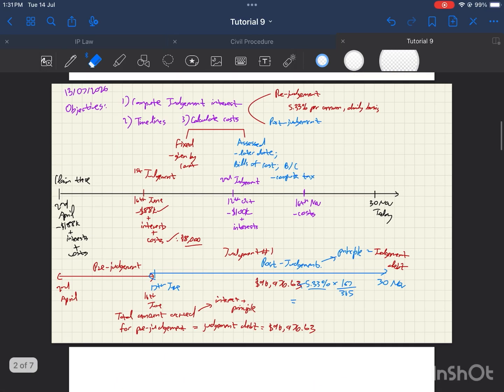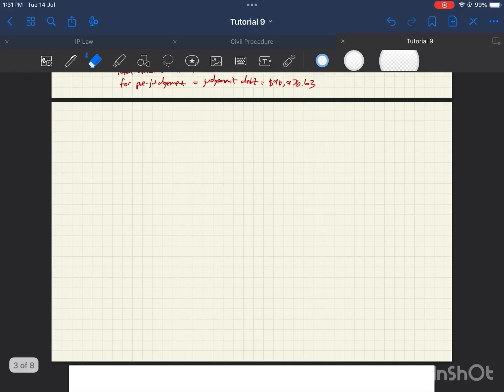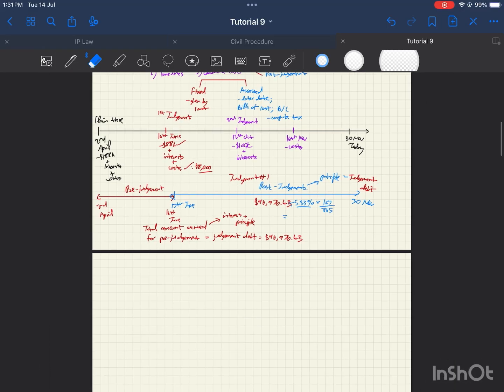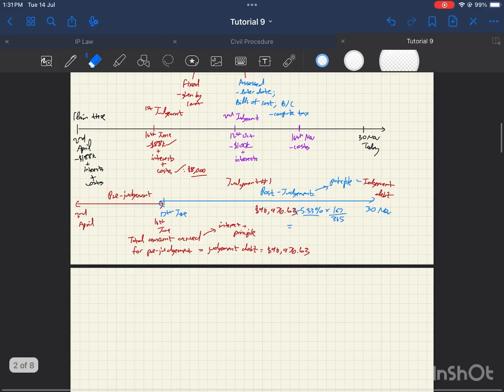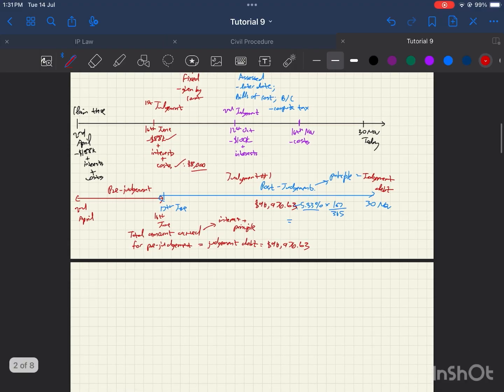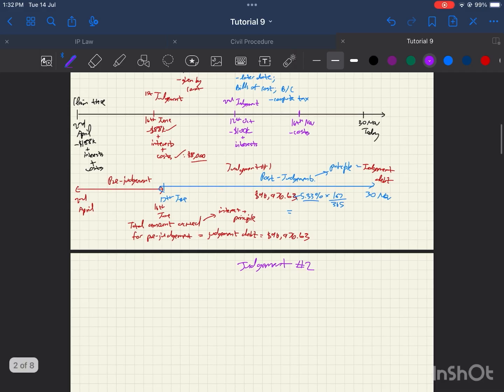Now, the second timeline deals with second judgment, right? So for the second judgment, you got to do the same thing. So I will begin by writing in purple because second judgment is purple. Judgment 2. Okay, so likewise, judgment was given on 12th October. So the pre-judgment will be considered.